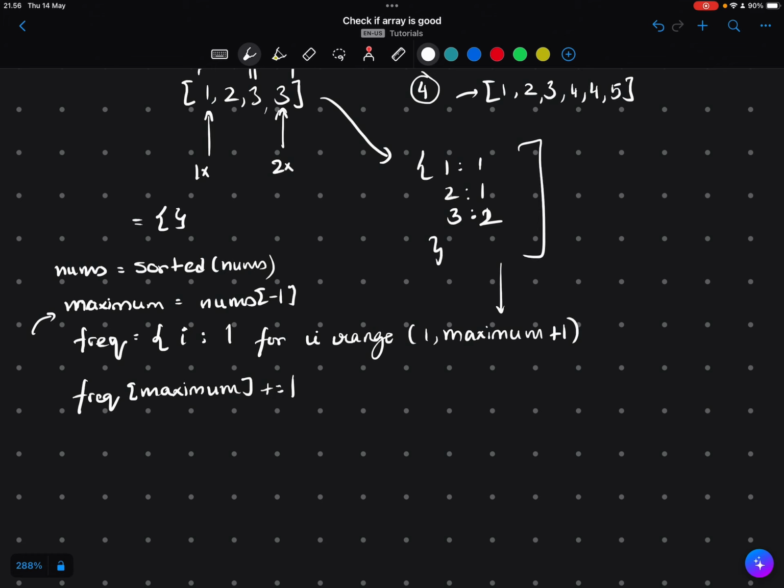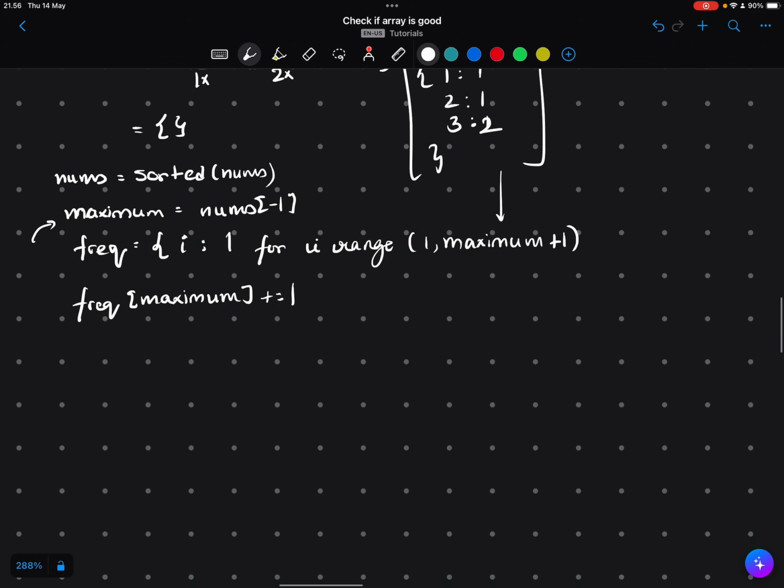Now that we have this, this is our target, right? And let's just loop through. How do we determine whether the given array that we have is actually the one that meets the target? Well, then we can just equate the two dictionaries, obviously.